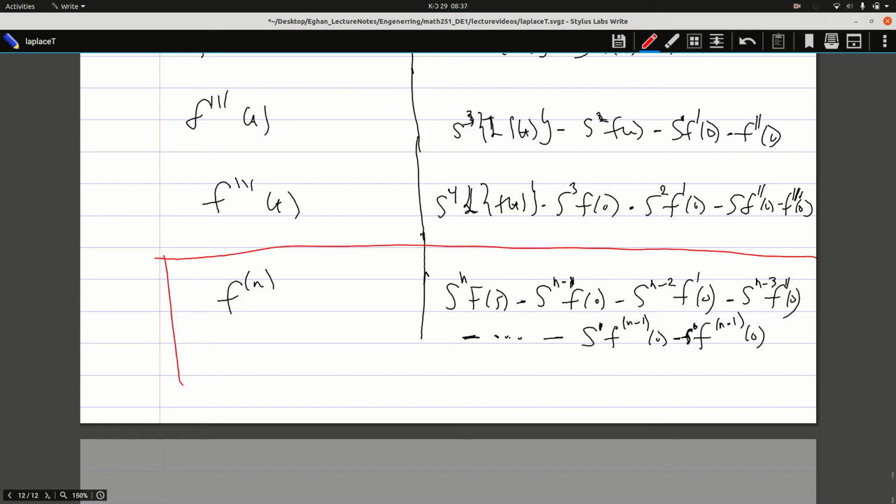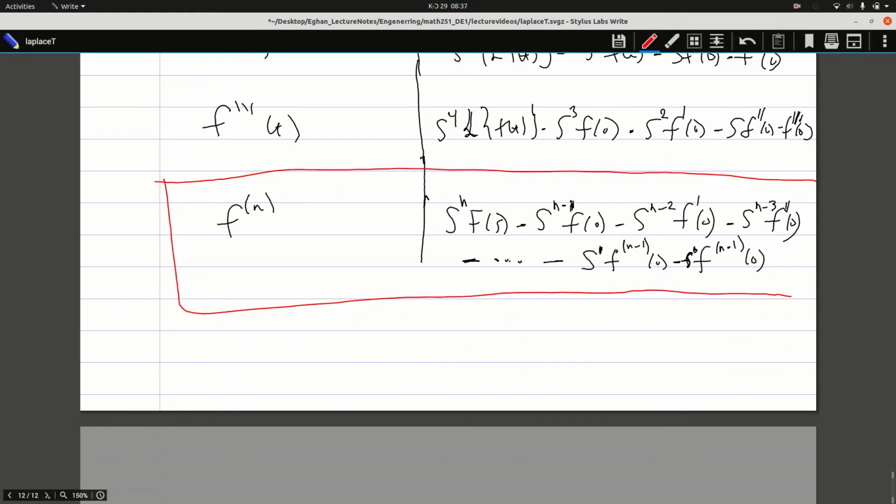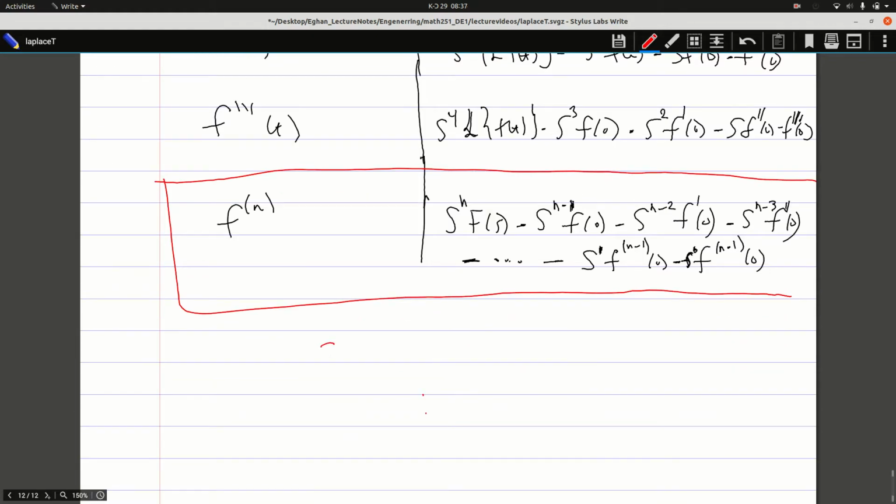So let me help you with that. You realize that s will move from some n to some 0, and then the powers of f are moving from n minus 1, from the first derivative through to n minus 1. So let me put a bracket here.